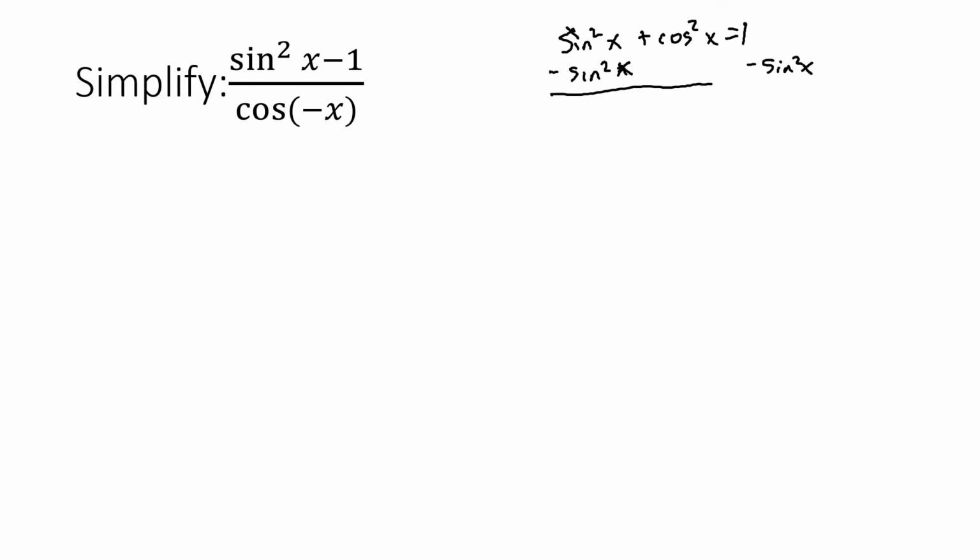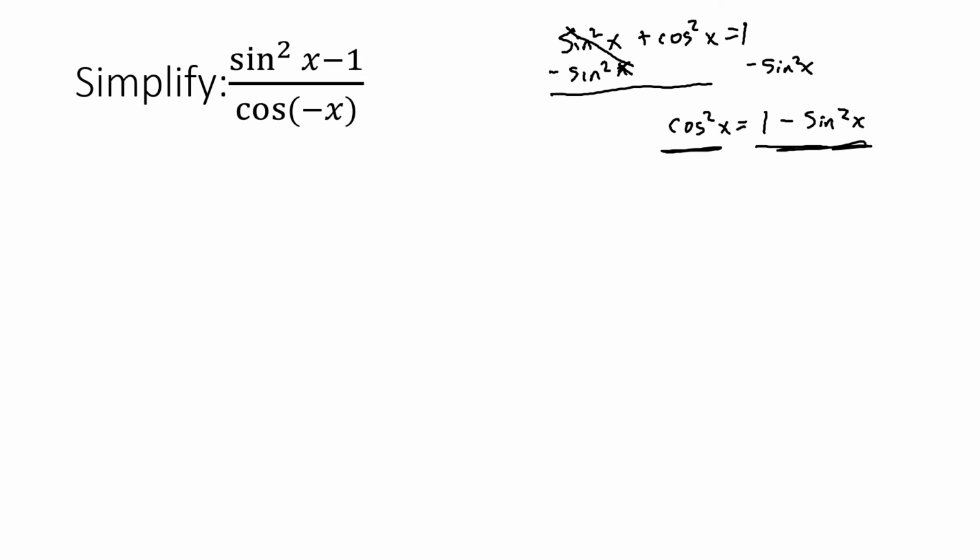Well, on the left side, the sine squared would cancel out, and we'd have cosine squared is the same as 1 minus sine squared. So if I see 1 minus sine squared, I can replace it just with cosine squared.